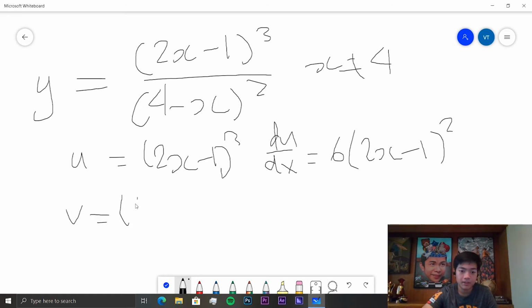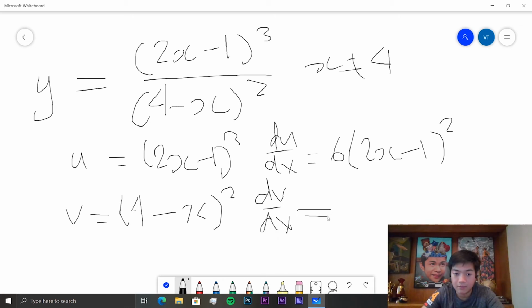V is equal to 4 minus x squared, and then dv over dx is equal to minus 2 times 4 minus x.